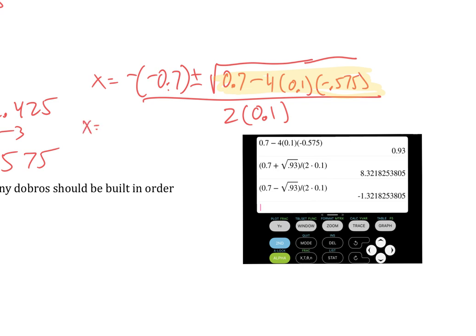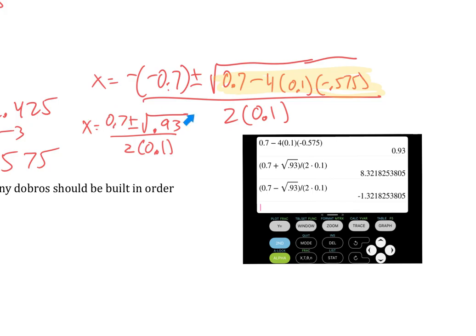So x equals 0.7 plus or minus the square root of 0.93, all over, and you could do 2 times 0.01 if you want. That might be a good idea, because it's simple. Do the simple stuff in your head, or on paper.